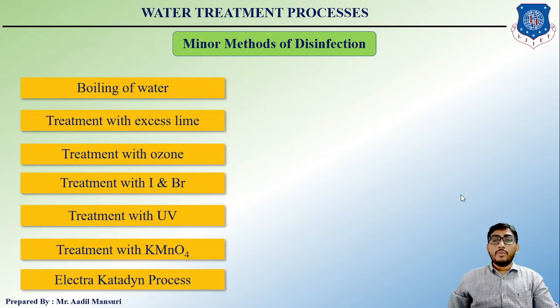Millions of liters cannot be boiled on a daily basis for a public supply, right? Moreover, it can only kill the existing germs but cannot take care of future possible contamination. Even though you have boiled the water and supplied the community, at the distribution point there may not be any contamination, but the pipeline network is very long, right?